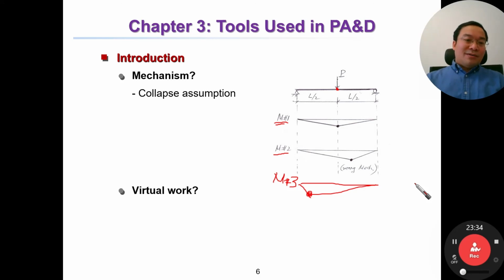One more concept is virtual work. Virtual work is a very powerful concept, a powerful tool, which is used for plastic analysis. From now on, we will use virtual work; it is the main tool for plastic analysis.